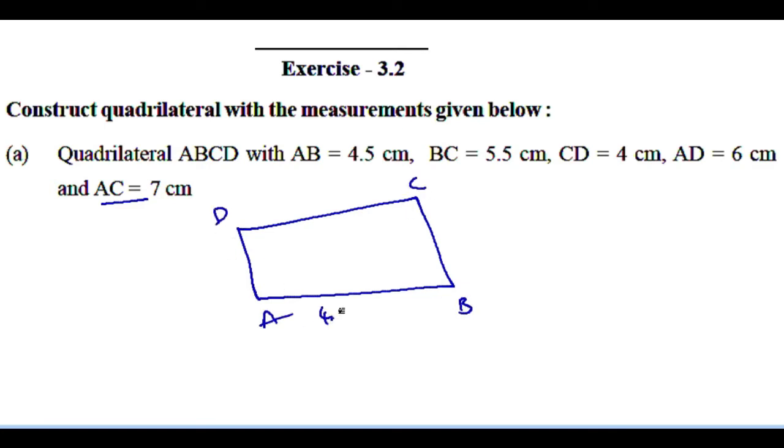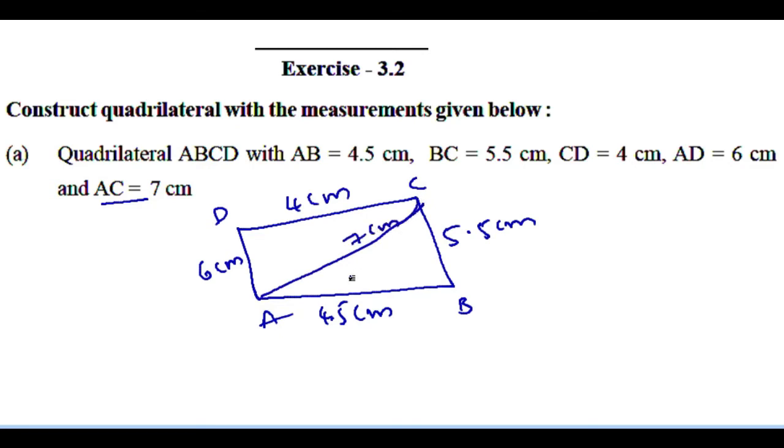AB 4.5 centimeters, BC 5.5 centimeters, CD 4 centimeters, and AD 6 centimeters. And we have AC, that is a diagonal of the quadrilateral, so AC is 7 centimeters. Now let's go to the construction part.